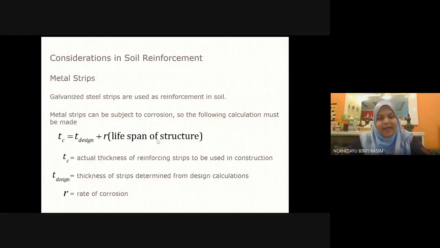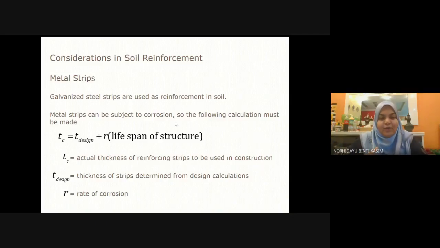So TC, the actual thickness of reinforcing strip to be used in construction. As a designer, as an engineer, you have to choose the thickness of your metal strip. So the equation is TC equal to T design. T design is the thickness of strip determined from the design calculation.